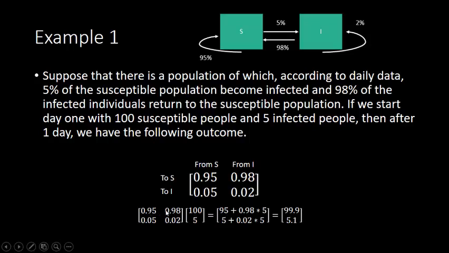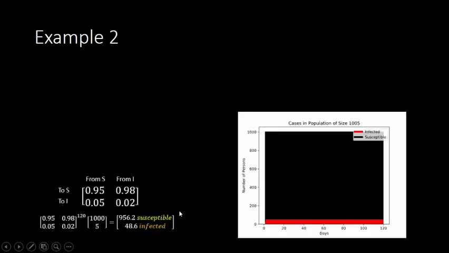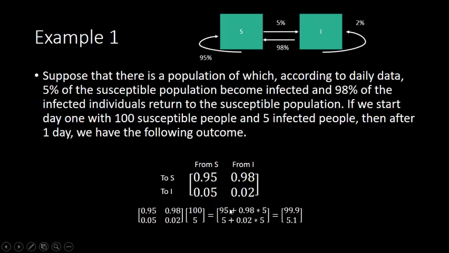By multiplying through row by column, 0.95 times 100 gives me 95. 0.98 times 5 gives me 4.9. That sum is 99.9. This represents the dot product of the vector from the first row of probabilities times that vector representing the initial populations in both of the groups. Multiplying using the second row gives me 5.1.